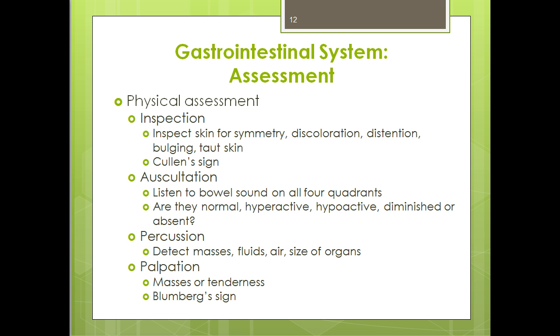Usually the exam begins at the patient's right side and proceeds in a systematic fashion. You start at the right upper quadrant, the left upper quadrant, the left lower quadrant, and then go back to the right lower quadrant.